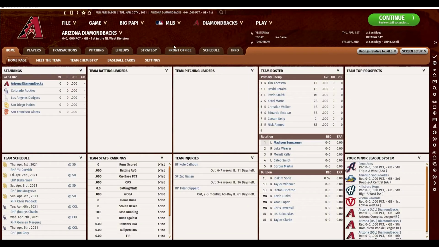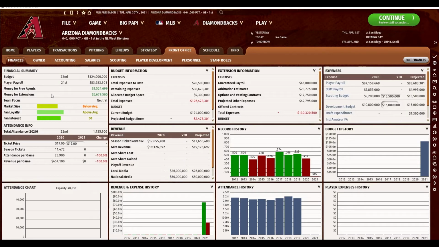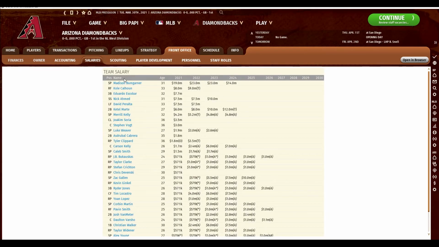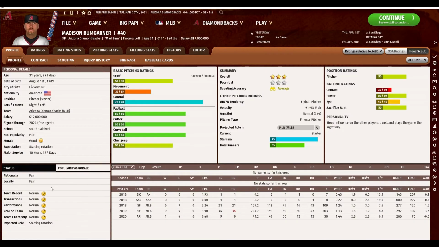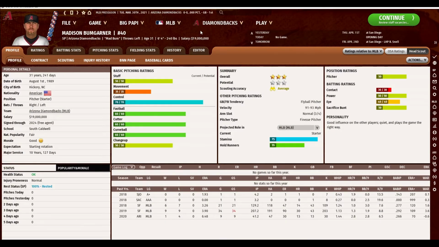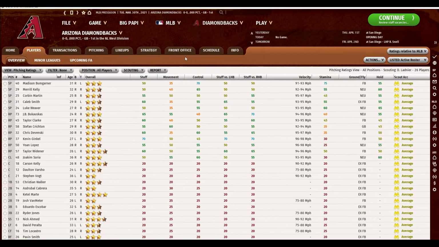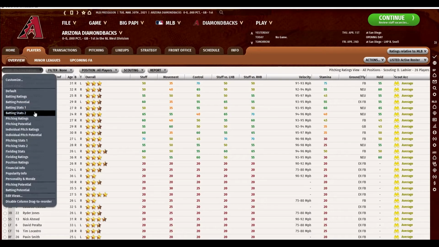So, how do you avoid taking huge negative bumps in fan interest when you're in a rebuild? Well, there's not really an easy answer to that, because if we take somebody like Madison Bumgarner, who is, well, I guess he's only fair. Let's find somebody on the team who is popular.